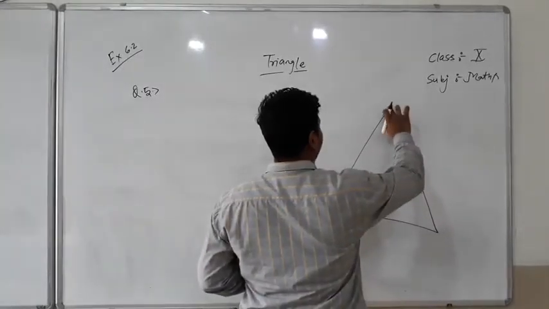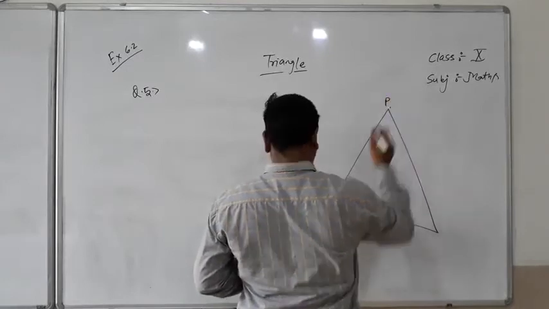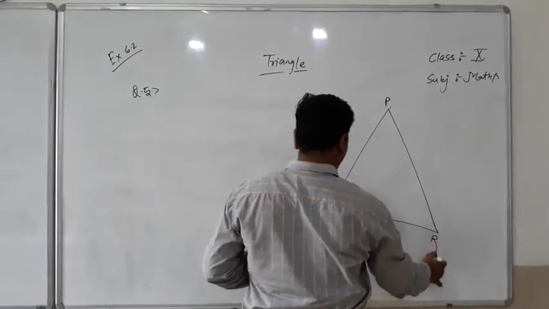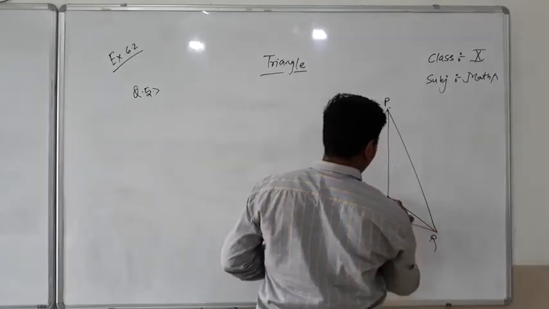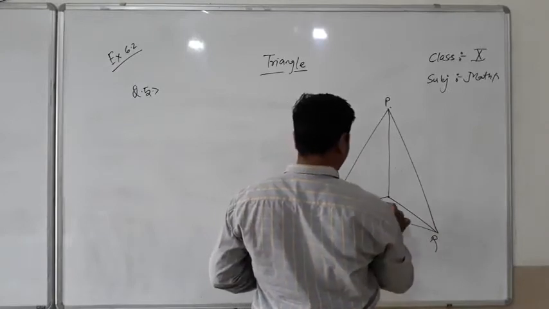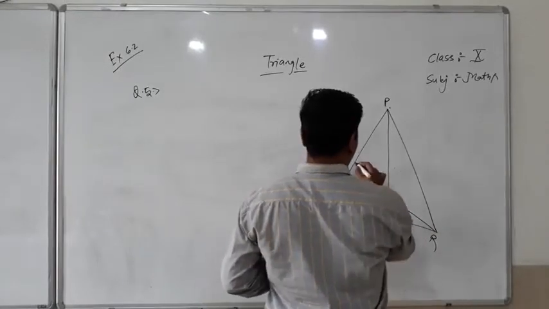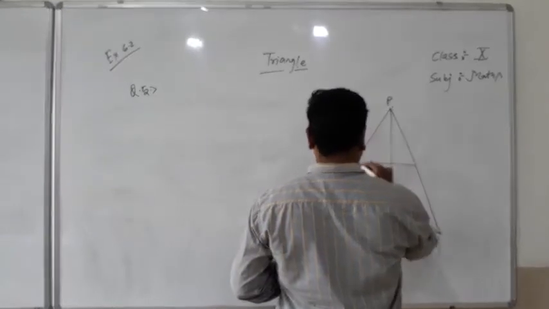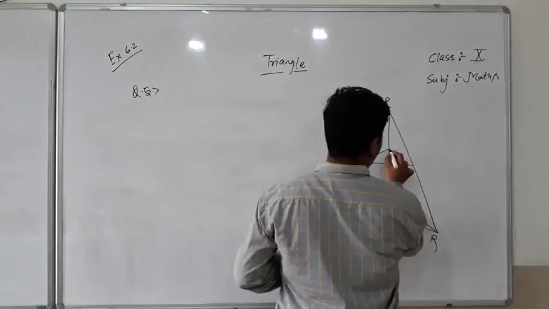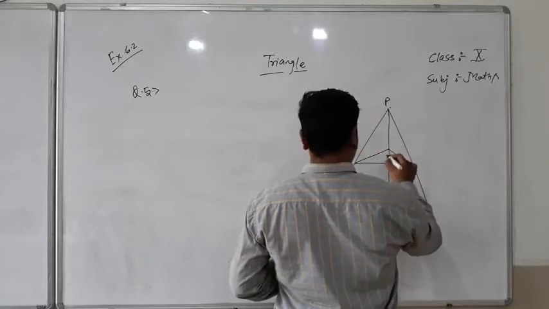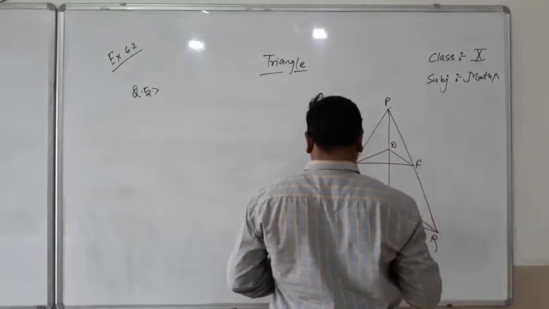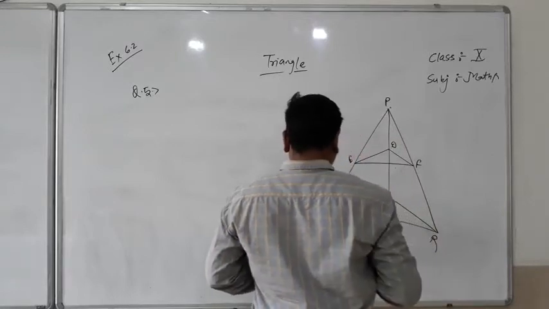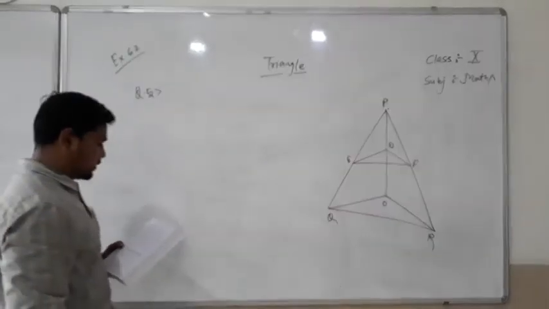First of all, there is a triangle P, Q, R, and then this line. Okay students, now here it is P, Q, R, O, D, E and F.